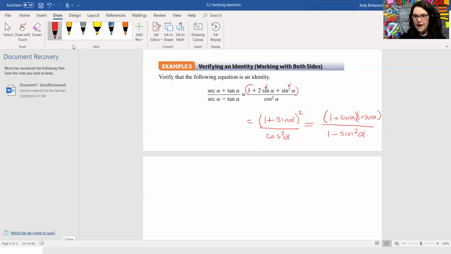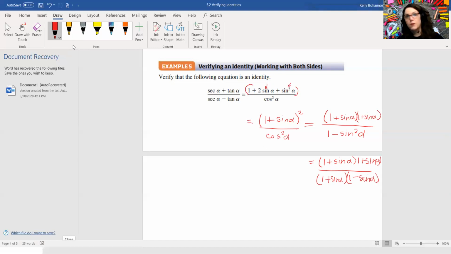And this factors, so I'm going to keep going over here on the right-hand side. The top, I didn't do anything to this time. The bottom factors as 1 plus sine alpha and 1 minus sine alpha, because it's a difference of two perfect squares. And that's something that you're going to have to recognize.